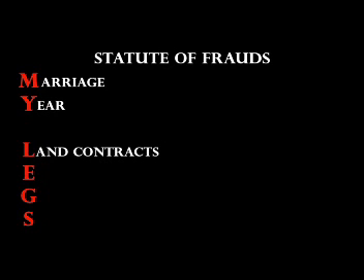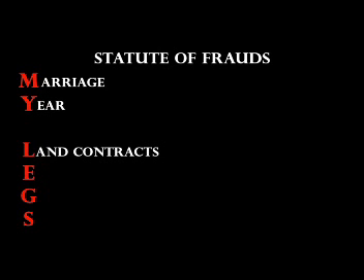The M stands for marriage. The Y stands for year: a contract which cannot be performed within a year after execution of the contract. The L stands for land contract.